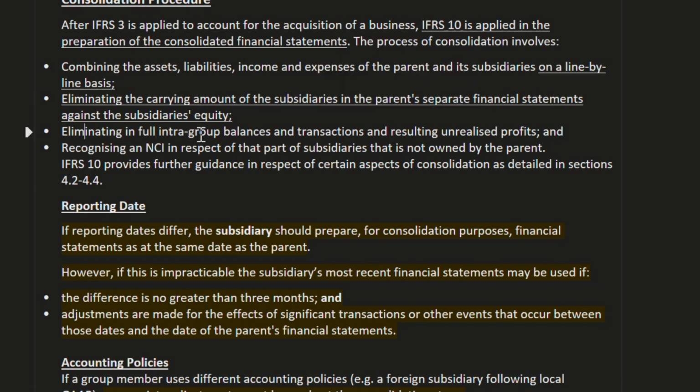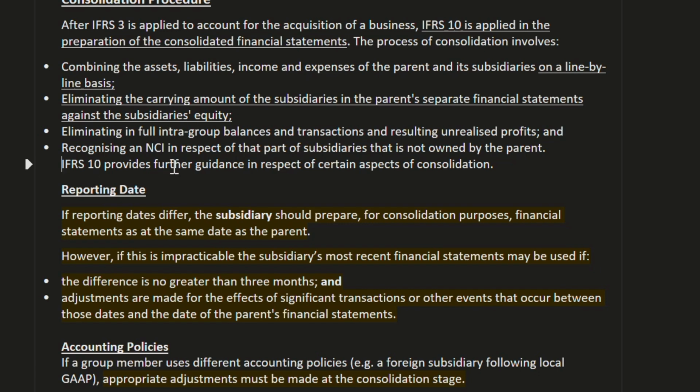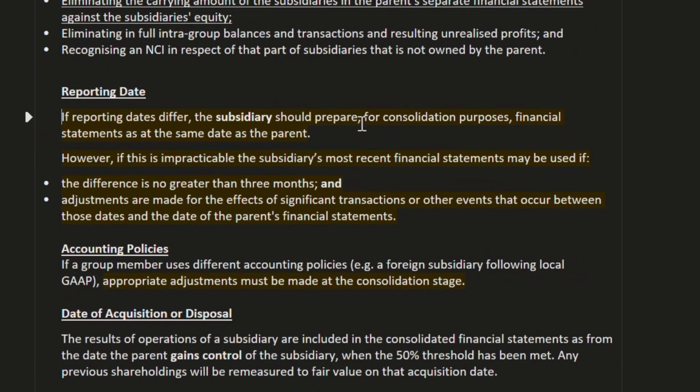Eliminating in full intra-group balances and transactions and resulting unrealized profit, and recognizing an NCI in respect of the part of the subsidiary that is not owned by the parent. So we also need to calculate NCI and recognize it. IFRS 10 provides further guidance in respect of certain aspects of consolidation.